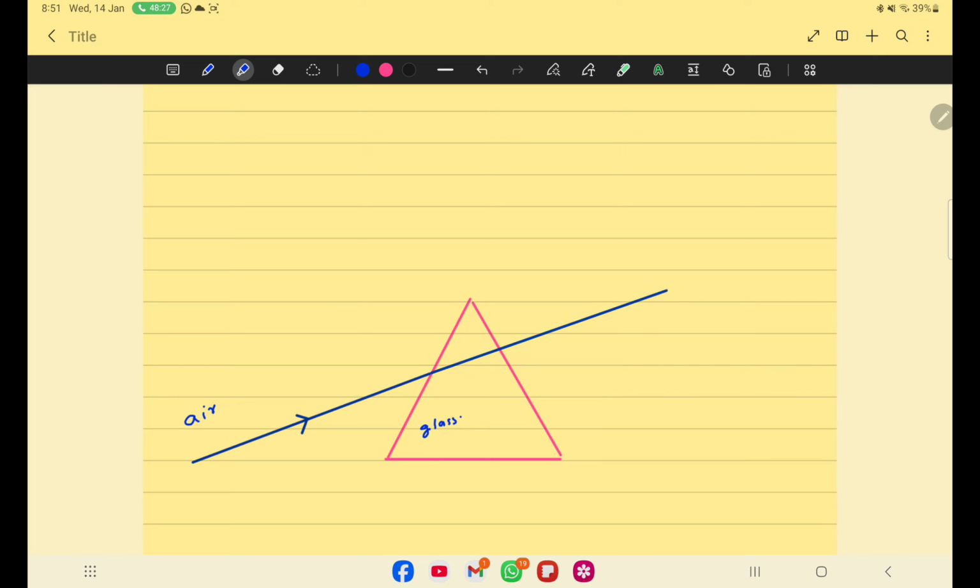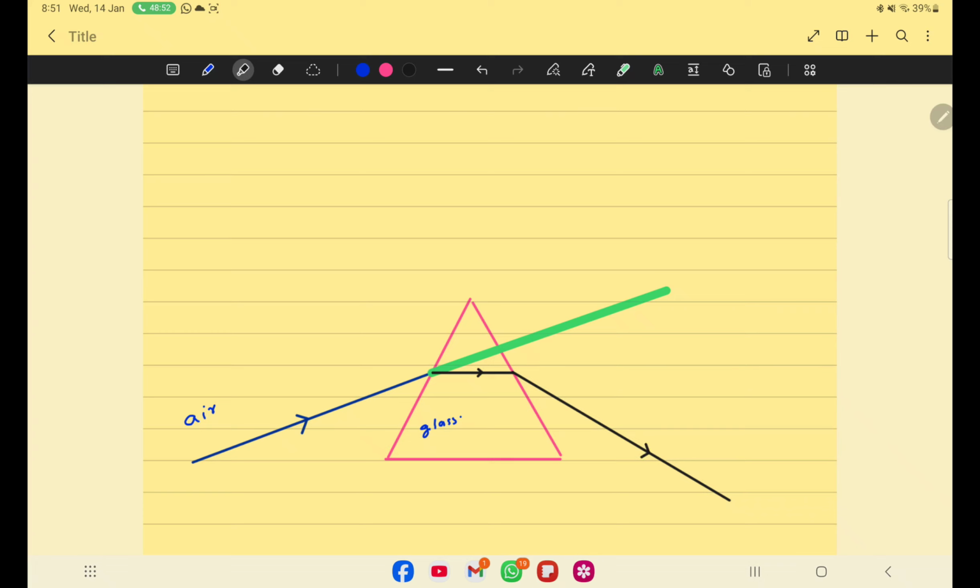The light will follow this path. It means light is not going straight, but bending. And when the same light reaches this boundary, it will not follow the straight line, so it will bend further.